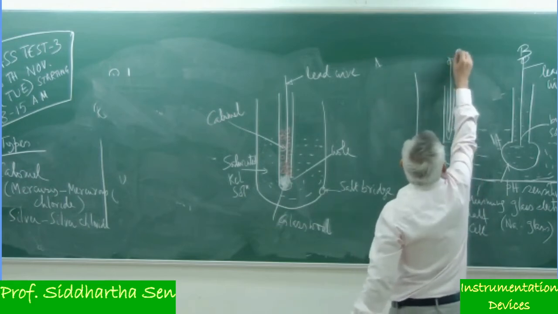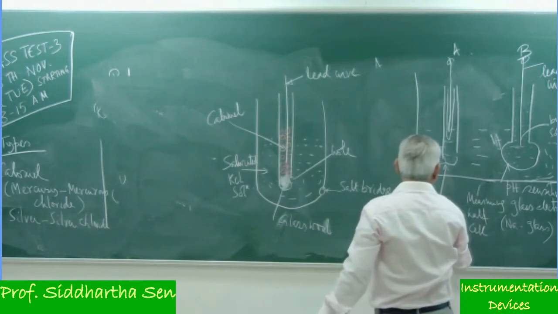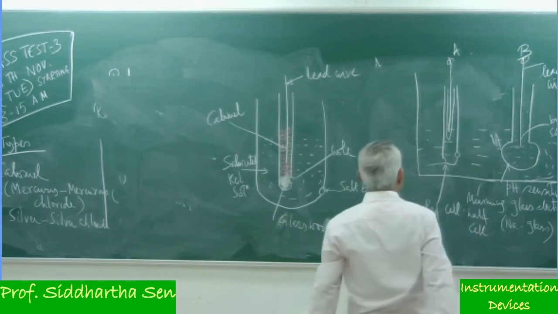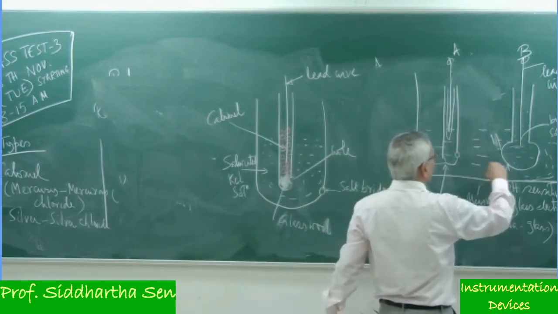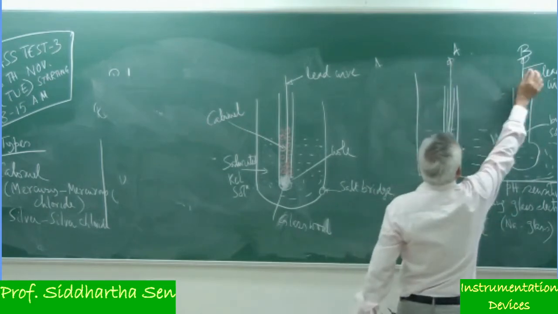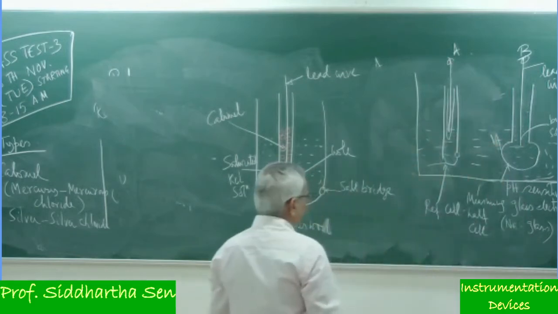This is your A, this is your reference cell. There is a hole and I call it a salt bridge. So these two are connecting, giving electrical connectivity. So from B and A across these two terminals, we get this potential.